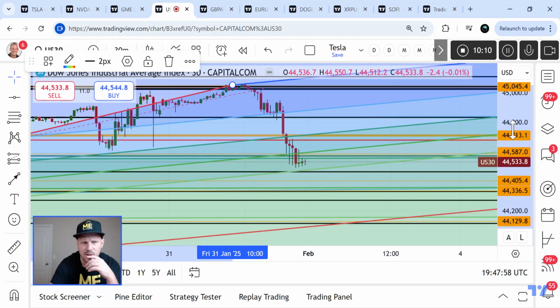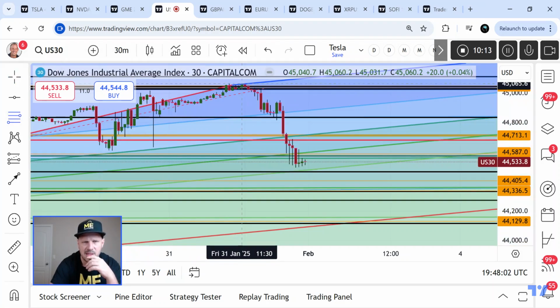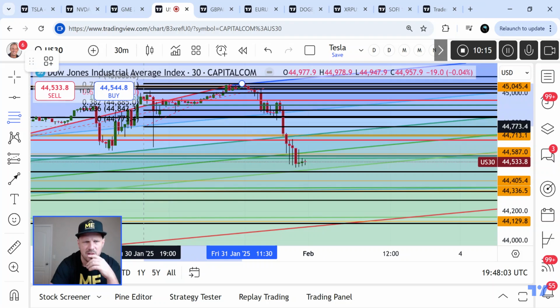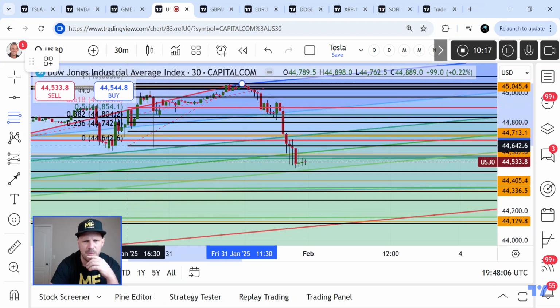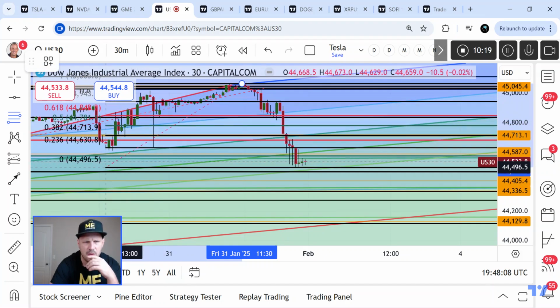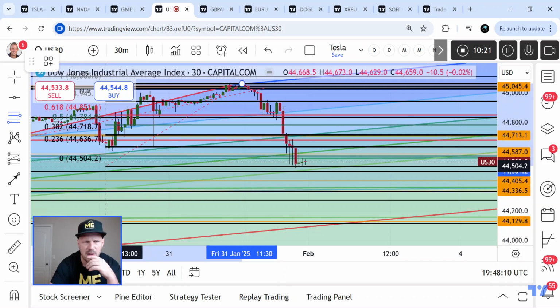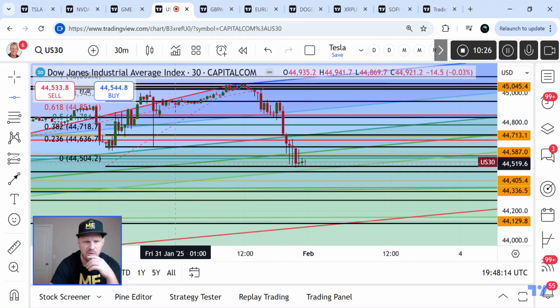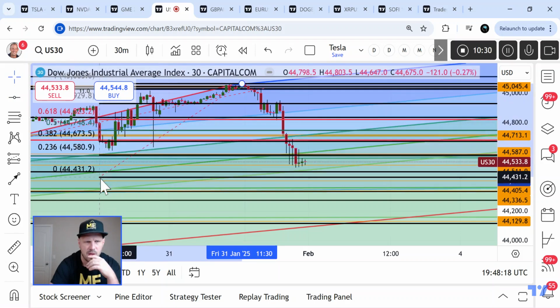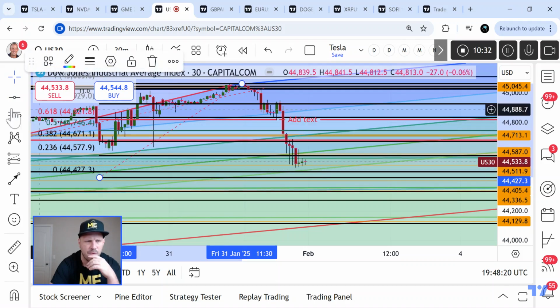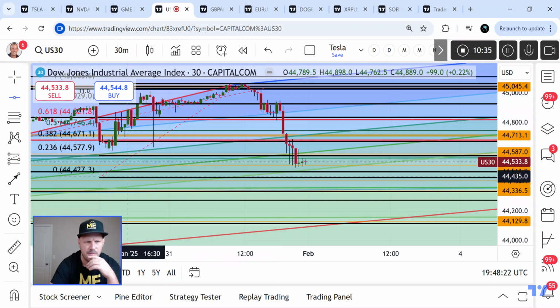And right now, currently, I have some hesitancies, and that's the reason why I would like to go to a smaller time frame. So right now it hit a projection at 44,504, which is a 30-minute. And then we're going to the 44,000 marker.